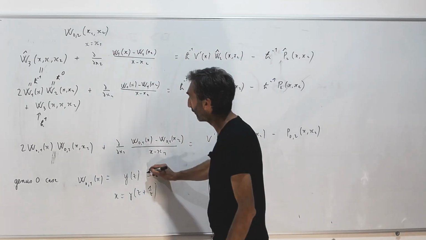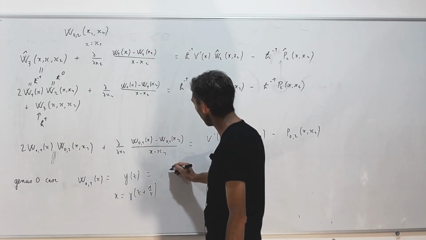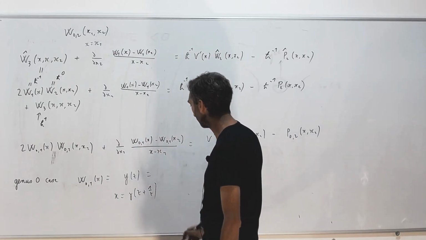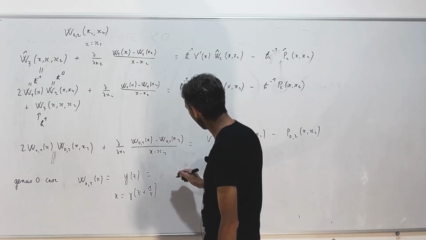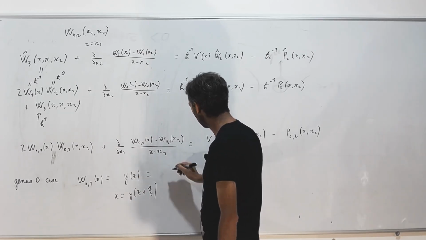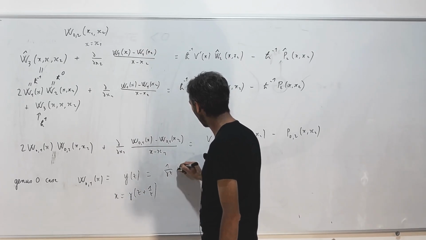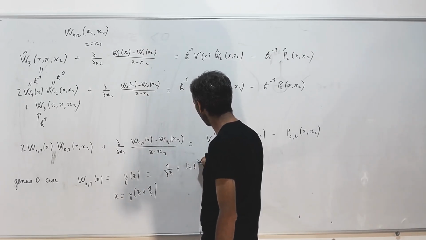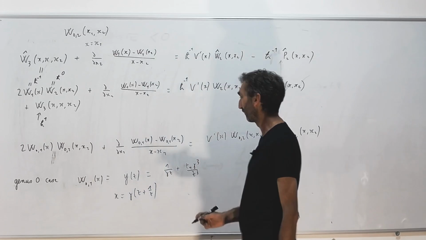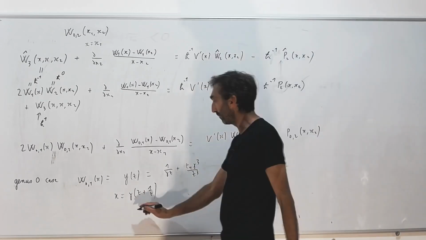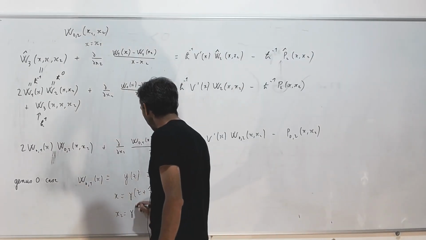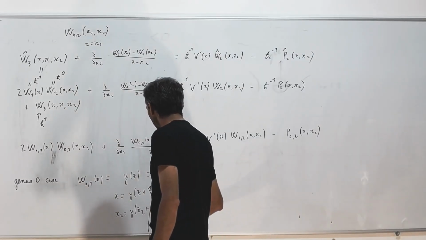And this one was, let's say, in the quartic potential, 1 over gamma z plus T4 gamma cube over z cube, or similar expressions. Do the same thing with x2. Write x2 equals gamma z2 plus 1 over z2.